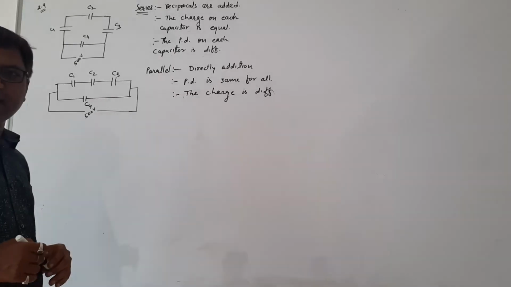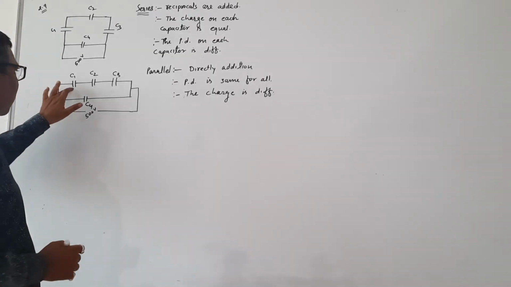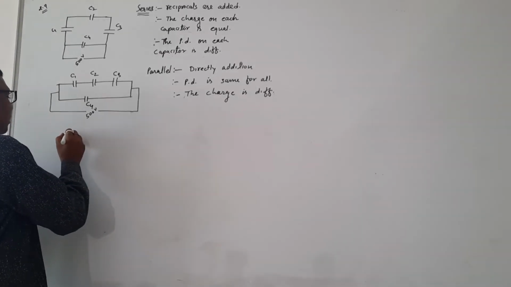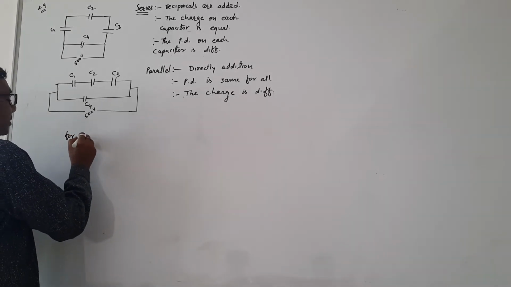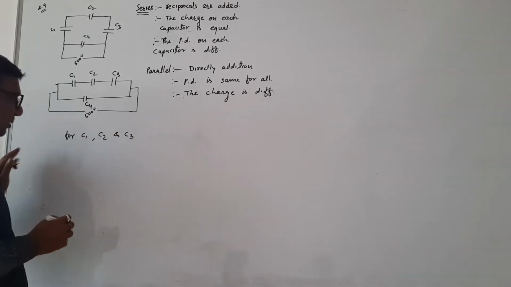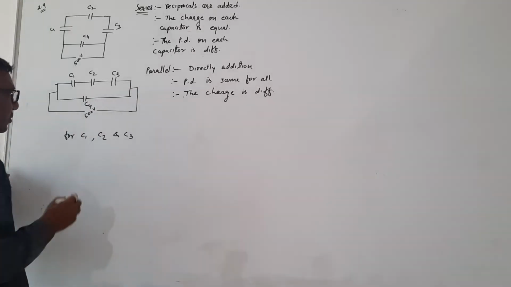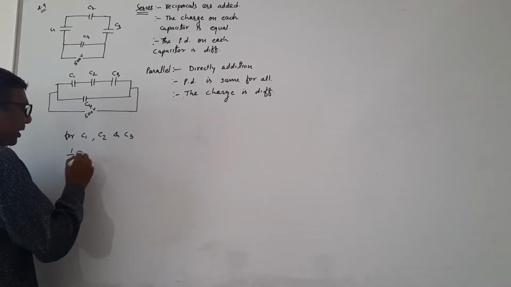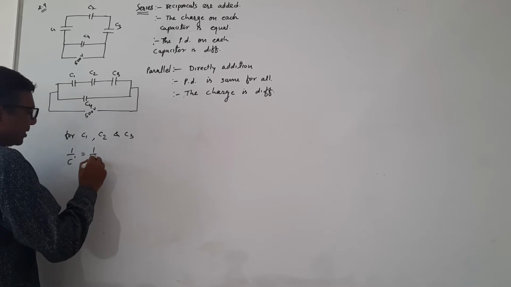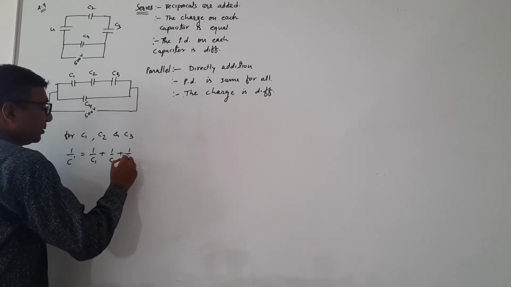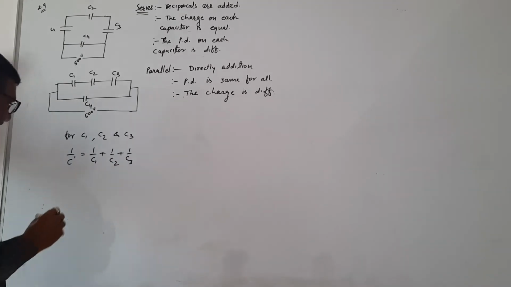So first of all, I am going to find out the equivalent capacitance. For C1, C2 and C3, they are in series. So let C dash be the equivalent capacitance for this one, and these all have reciprocals.